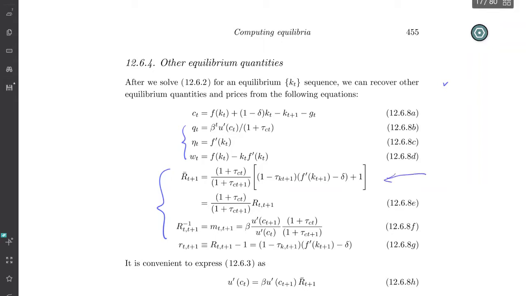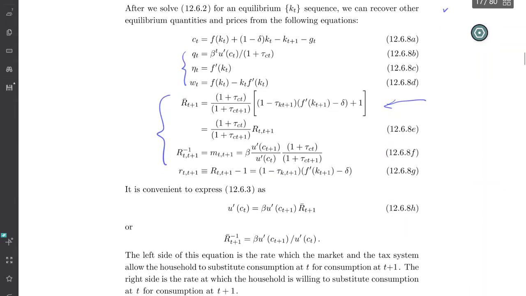I urge you to study this. These are formulas for adjusted gross rates of return, in terms of which we can express this. This is going to be kind of key. This is a key equation to not only this model, but new Keynesian models.